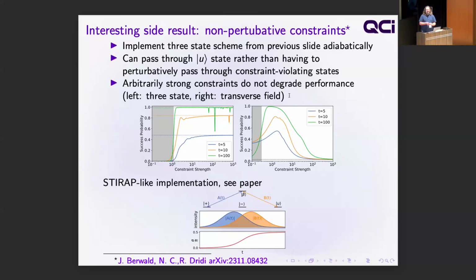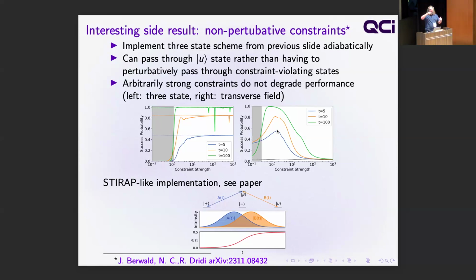A very interesting side result that I'm going to highlight to this audience is we actually looked at this 3-state system and said, well, what if we just do things adiabatically? And if you do it in the right way, again, I don't have time to go through the details of how all these work, you can actually imagine if you include constraints and you make the constraints very strong. In a normal transverse field setting, if you make your constraints too strong, they stop the dynamics.